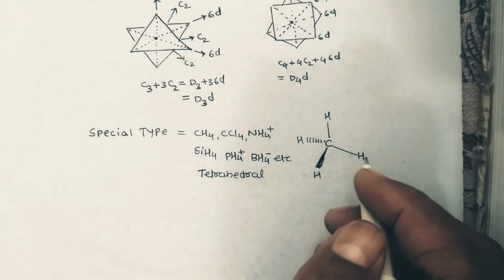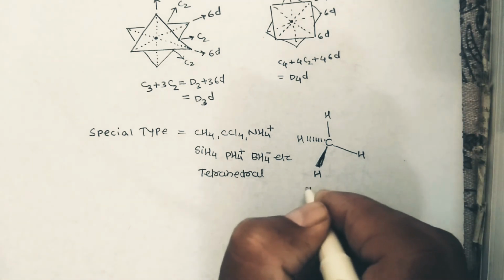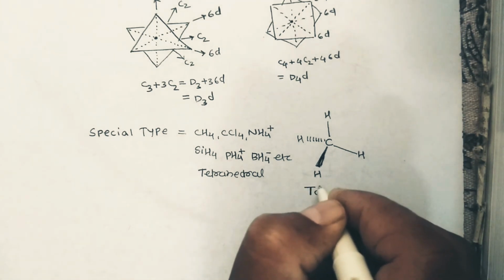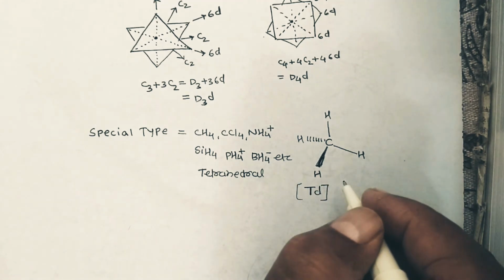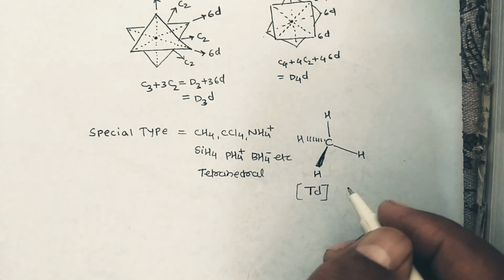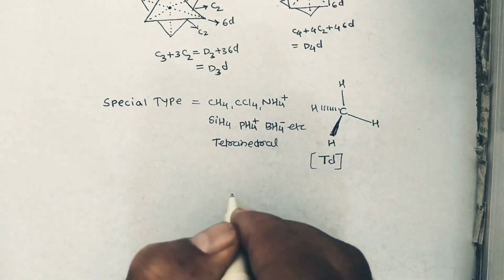So in this case the point group is Td. When the geometry is tetrahedral, then the point group is Td, because 4 atoms occupy the 4 corners of a cube.